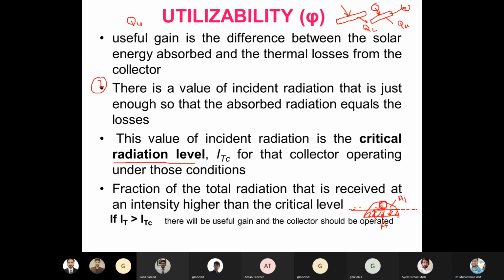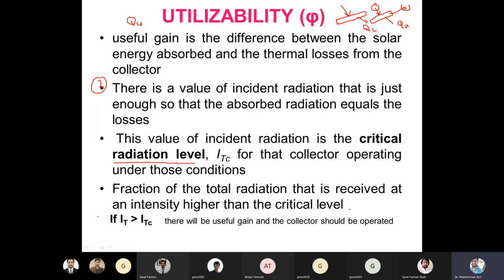Now, if IT, I mean the total energy absorbed, is greater than the intensity of the critical radiation, then there will be useful gain and the collector should be operated.